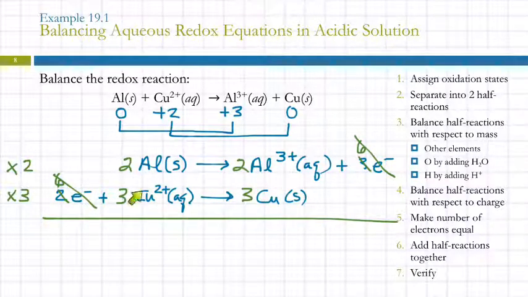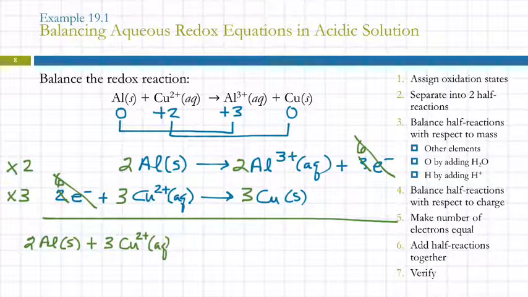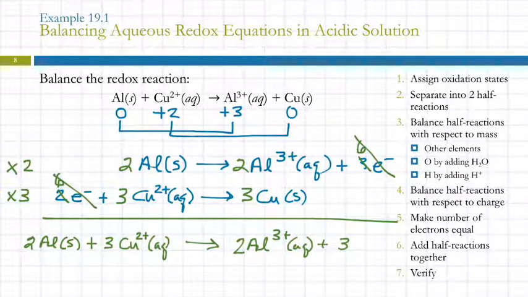So then I'm just going to write down everything else. As long as it's on the correct side of the arrow, the order doesn't actually matter. I usually like to follow the same order as in the original equation. So 2 aluminums and 3 copper 2 plus ions will form 2 aluminum ions and 3 copper atoms.